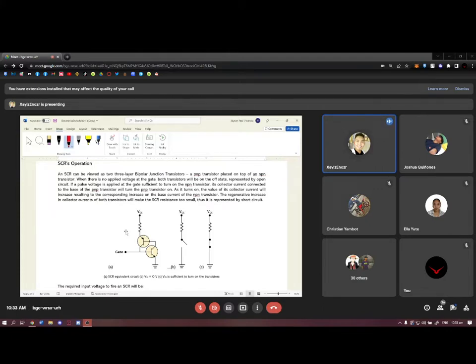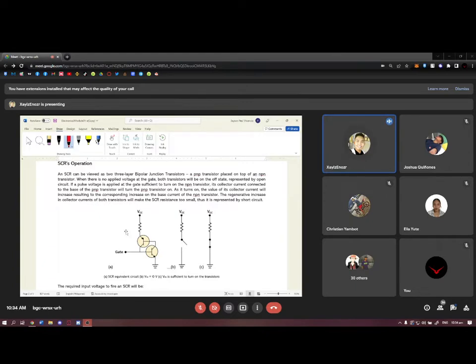If a voltage is applied at the gate, sufficient to turn on the NPN transistor, its collector current connected to the base of the PNP transistor will turn the PNP transistor on. So as it turns on, the value of its collector current will increase, resulting in the corresponding increase in the base current of the NPN transistor. So the regenerative increase in collector currents of both transistors will make the SCR resistance too small. Thus, it is represented by short circuit.